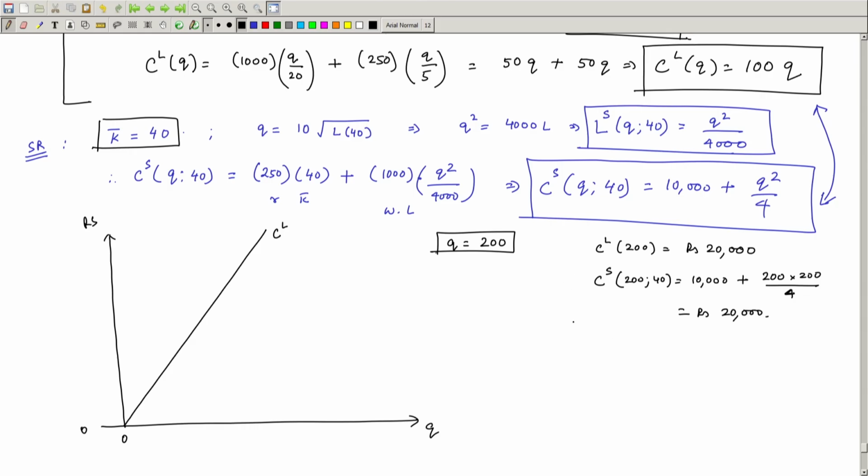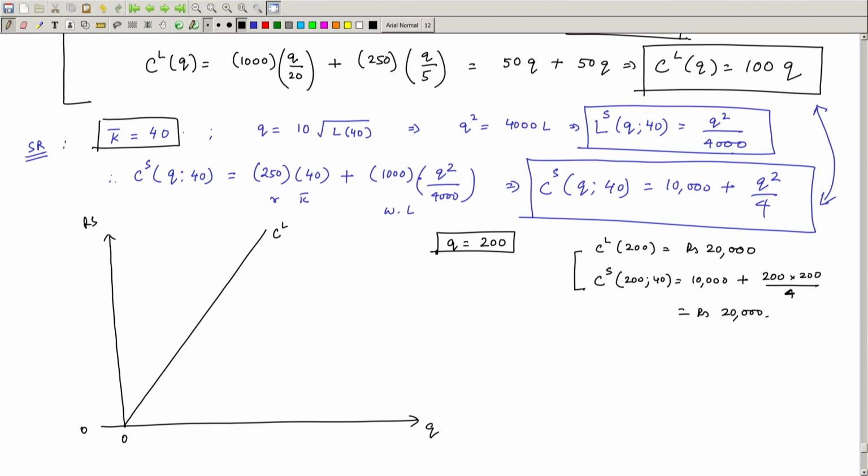So, essentially for producing 200 units of output, when you have 40 units of capital, the cost in the long run and the cost in the short run are equal. Let me repeat that part because there is something important in the statement that I just made.